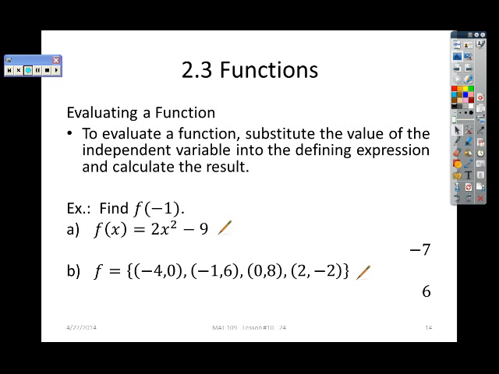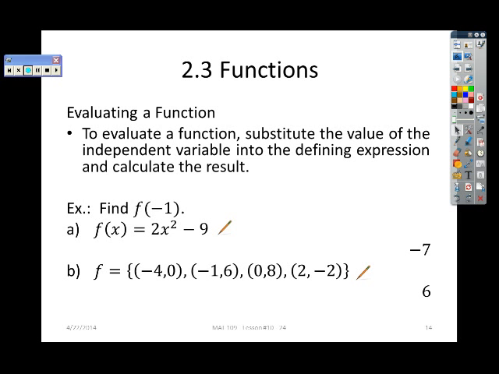Yes? That's when you're looking at whether it is a function or not. So we did that. When we check whether this is a function, we don't have any repeated first elements, therefore it's a function.